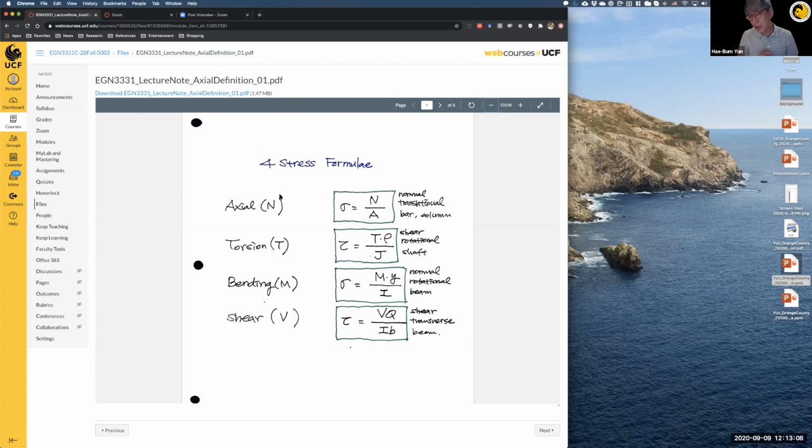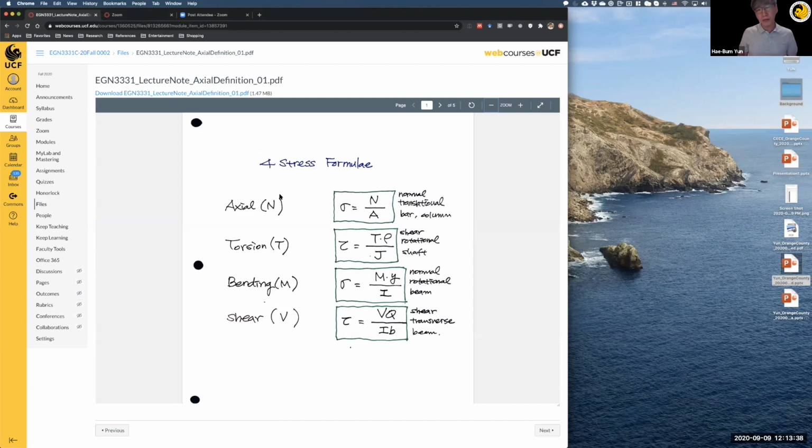So when you have an in-plane stress, what type of stress are you going to get due to the torsion? Shear, right? Absolutely. So whether this is normal or shear, you want to think about what the cross section is and what the direction of the stress is, okay? That is a very important thing, okay?